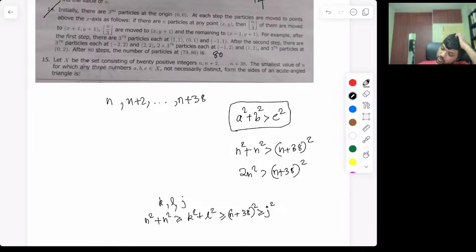If I pick any two, I think that's not the weakest bound. What if you take n plus 37 and n plus 37? Will that be worse? This bound is not good enough. We want this bound to hold, strictly greater.